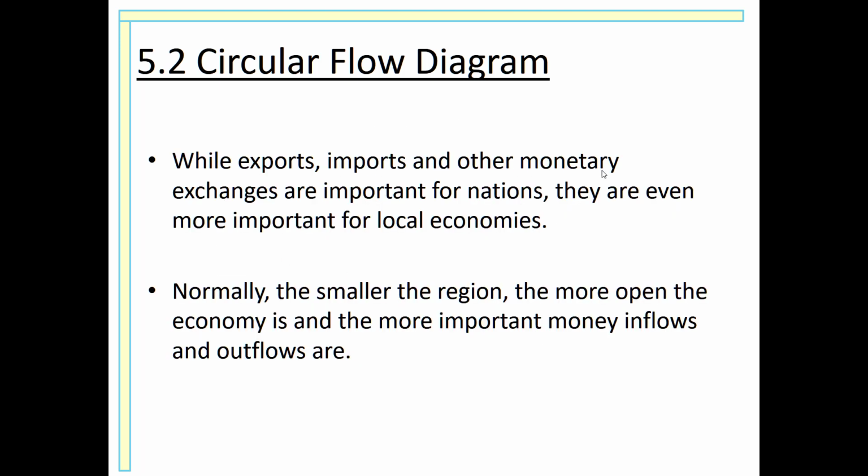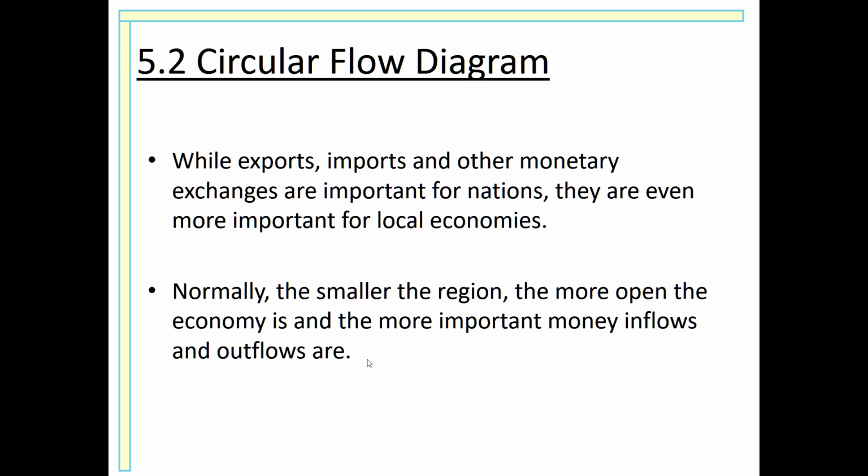While exports, imports, and other monetary exchanges are important for nations, they are even more important for local economies because they are smaller. If you are small, it is much easier to buy and sell from another region. Normally, the smaller the region, the more open the economy is, and the more important money inflows and outflows are.